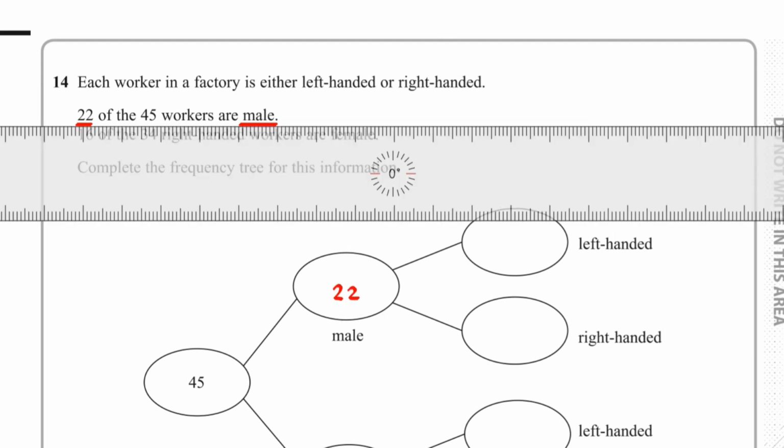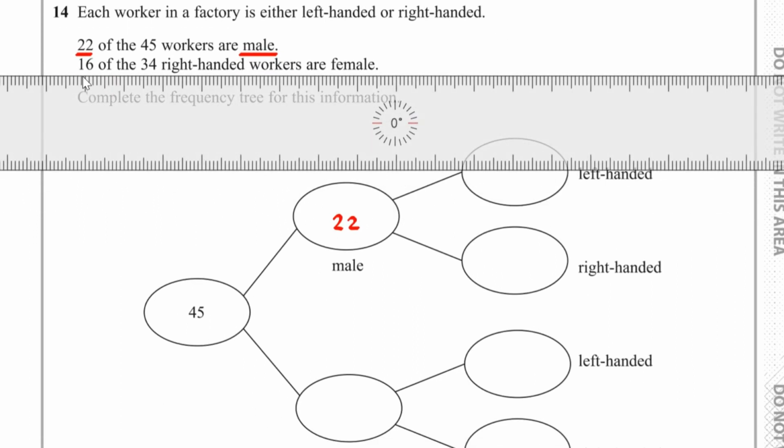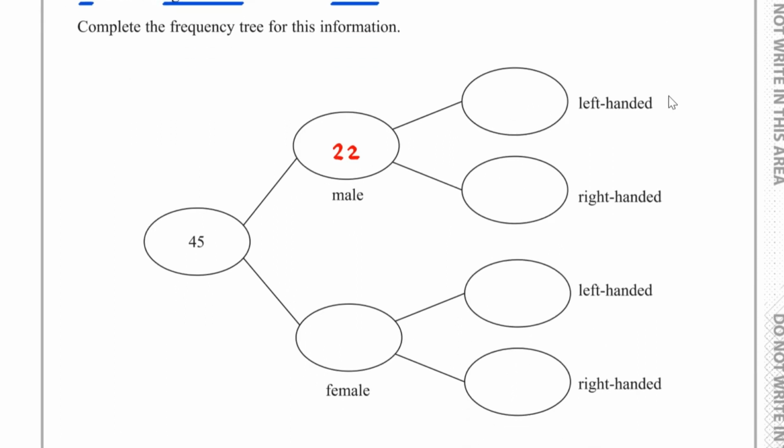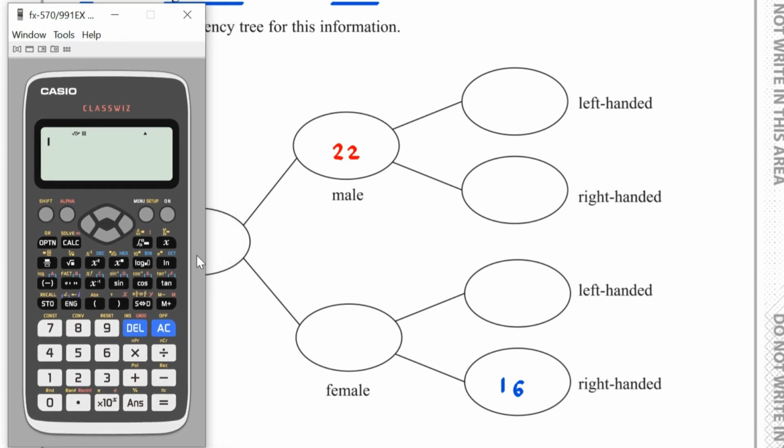and we know that 16 of the 34 are female who are right-handed. So we have 16 right-handed female workers. So 16 would go here. We can use this information to fill in the missing boxes. First of all, 45 take away 22 is 23, so we've got 23 who are female.